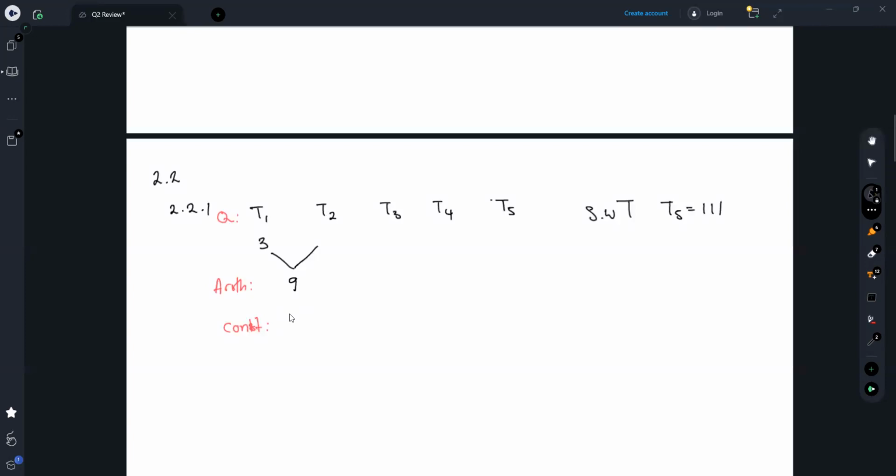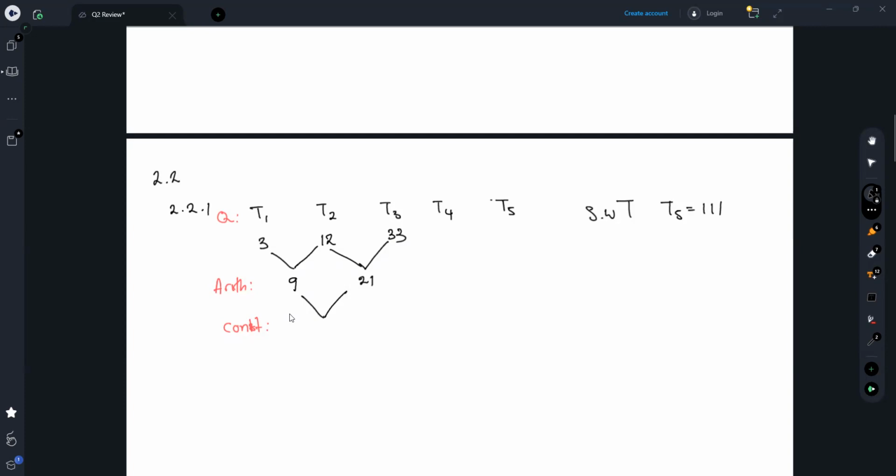So now for us to find our T2, we just have to add these values up, and this should give us 12. And they told us that T3 minus T2 should give us 21. So when I add these two up, I should get T3, which is going to be 33. Now let's go to our constant difference so that we can add this up down here and go back up.